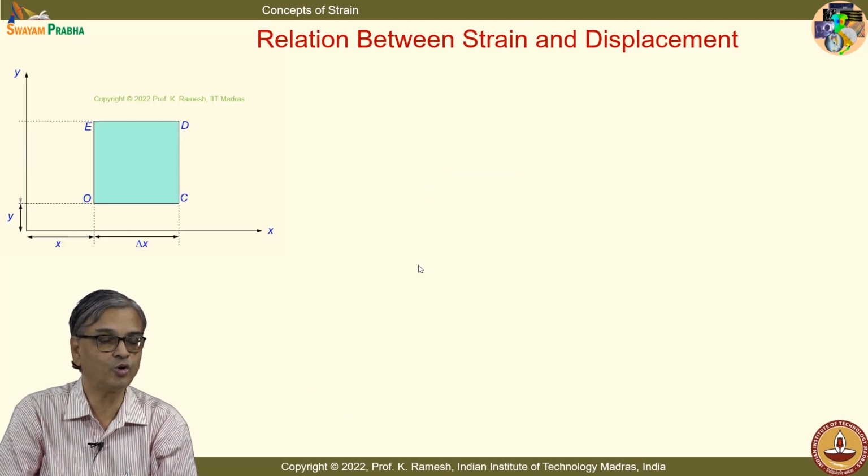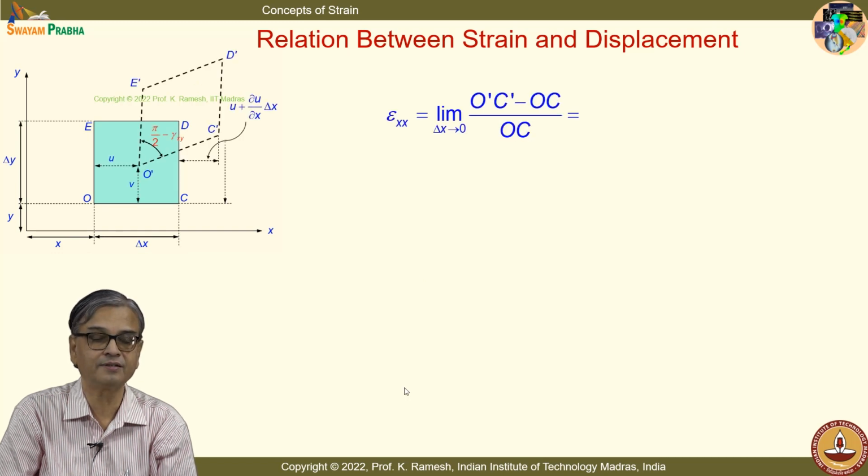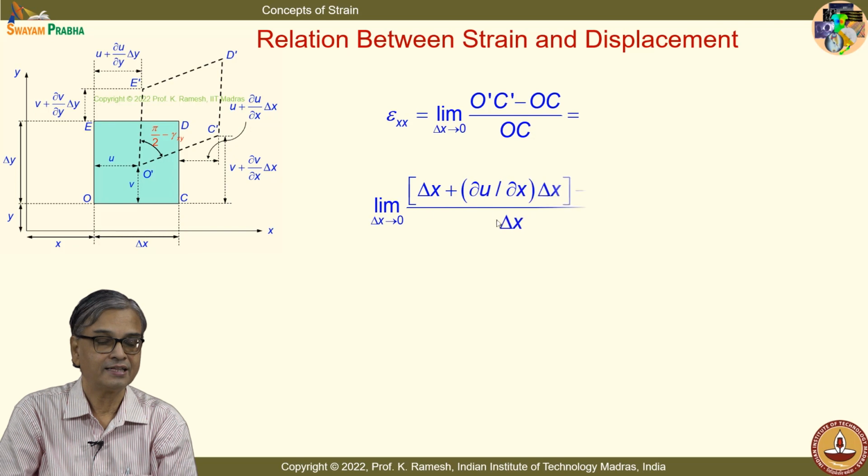Now, we are going to look at how to get the normal strain. We have the expression O prime C prime minus OC divided by OC. This is the limit as delta x tends to 0 of delta x plus dou u by dou x delta x minus delta x, divided by delta x. This gives epsilon xx as dou u by dou x.